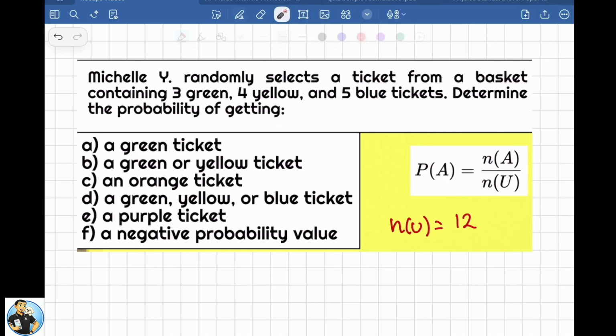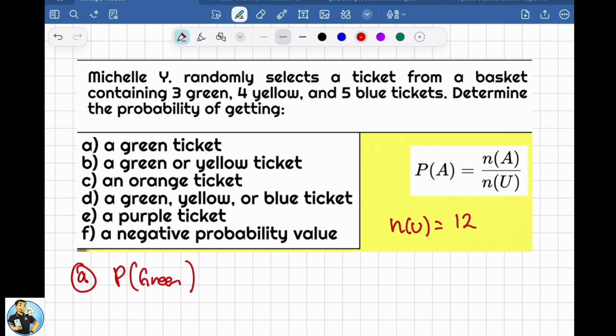So the event A, green ticket. We need to find the probability of getting a green ticket. This is the number of times that getting a green ticket can be true. In this case, 3 out of what?